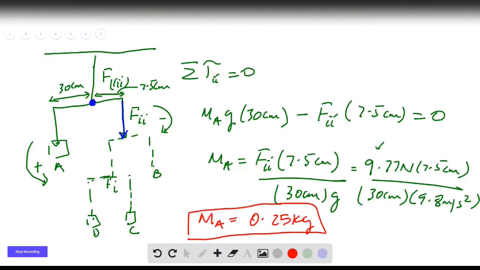And using torque, we're able to simplify for the mass of A as 0.25 kilograms.